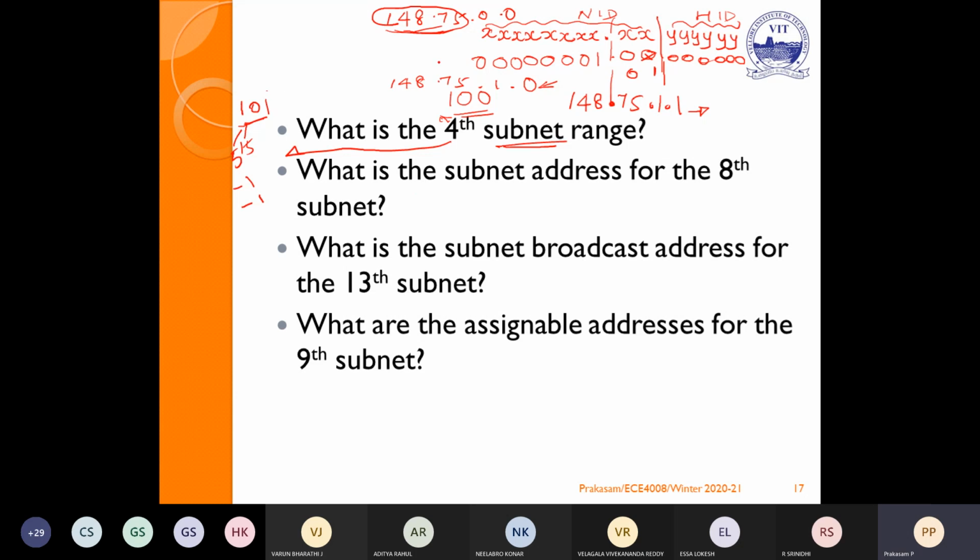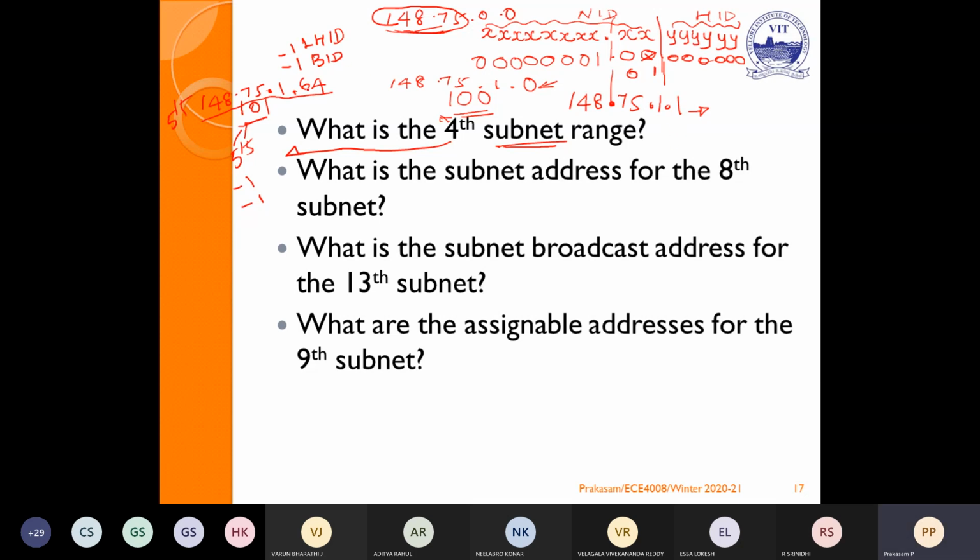So what is the respective equivalent? The first 2 octets as it is, 148.75 dot, here 00000001, it is 1, dot 01000000. What is this? It is 64. So the fifth subnet ID is 148.75.1.64. Minus 1 is the broadcast for the 4th, minus 2 is the last host ID for the 4th.